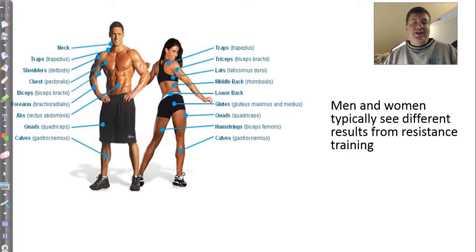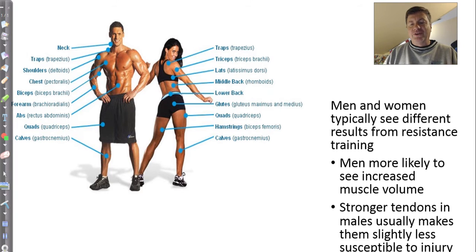That said, when men and women are going to be doing resistance training, they're going to get somewhat different results, similar but somewhat different. Why do they see different results? Men are more likely to see increased muscle volume. Men are going to be producing more proteins at a bit higher rate because of testosterone influences, for example, and that's going to cause them to develop more definition in general with their muscles than women.